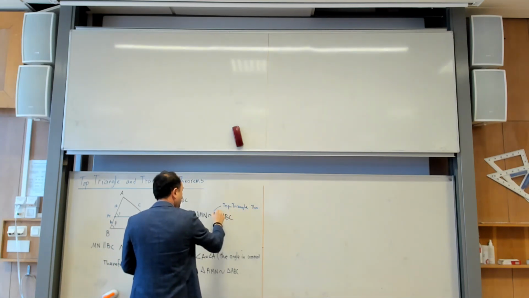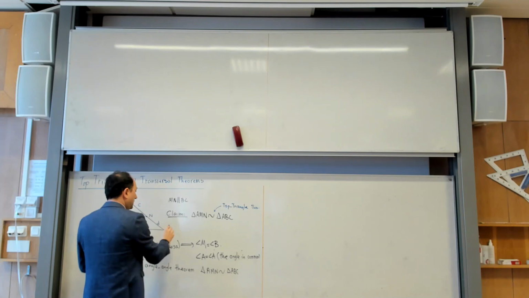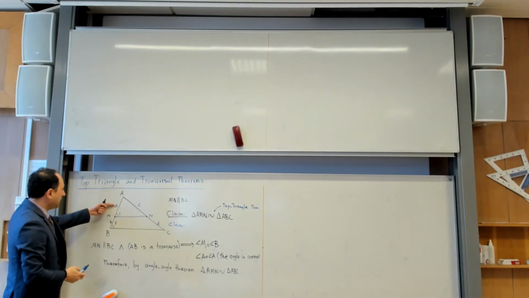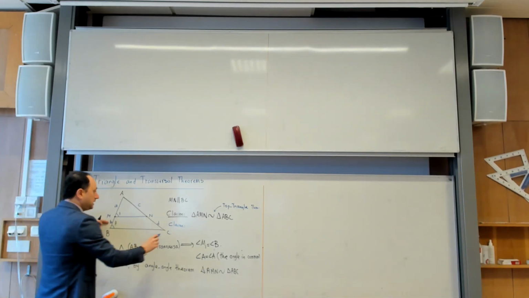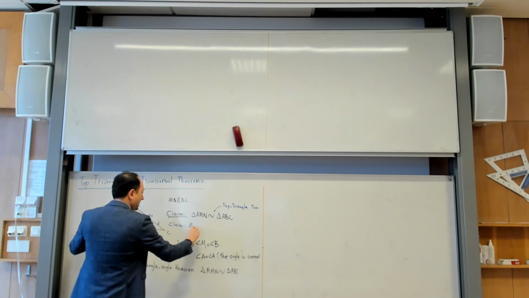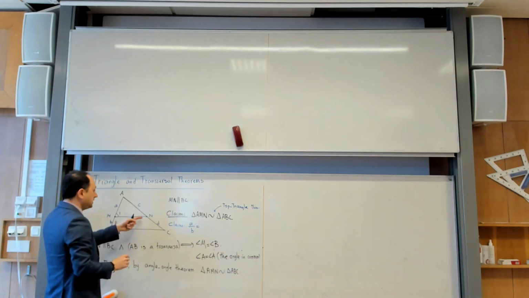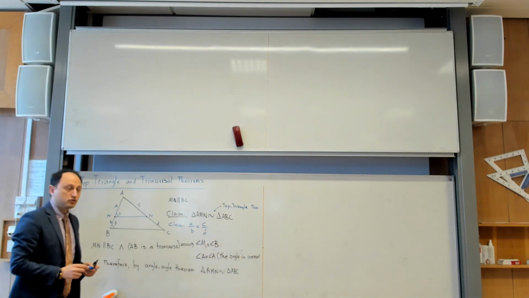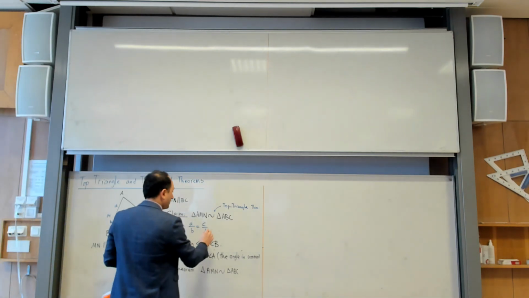This is the content of the top triangle theorem. But I can write another claim here, and that is interesting. The length A over length B is exactly equal to the length C over length D. So this is the transversal theorem.